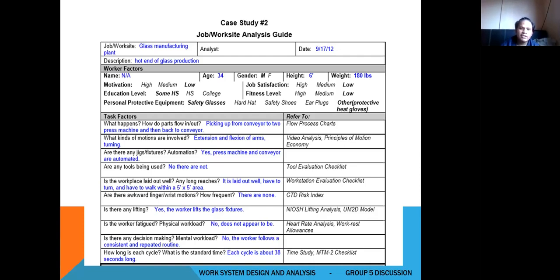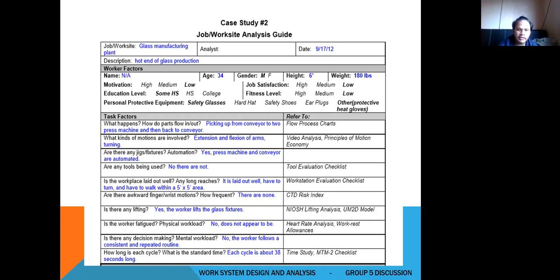So the factor is what happened, how do parts flow in and out. So we have an answer: this factor is picking up from the conveyor to two press machines and then back to the conveyor. So we will do the repetition from the one conveyor, from conveyor to two press machines.